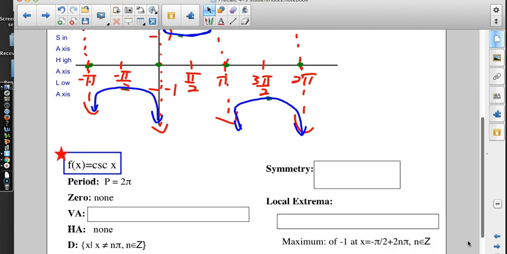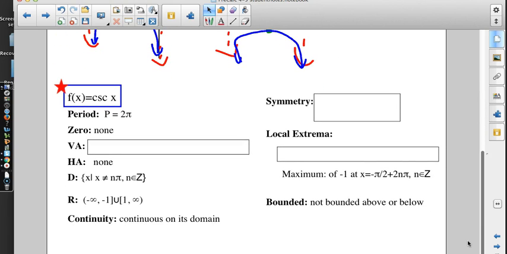So the period is still 2 pi, zeros, none. You know, our little branches never cross. The vertical asymptotes, now it's where sine is equal to 0. So that's all x, such that x equals n pi, where n is the set of all integers: -3, -2, -1, 0, 1, 2, 3, etc. No horizontal asymptotes, again, just like cosecant.